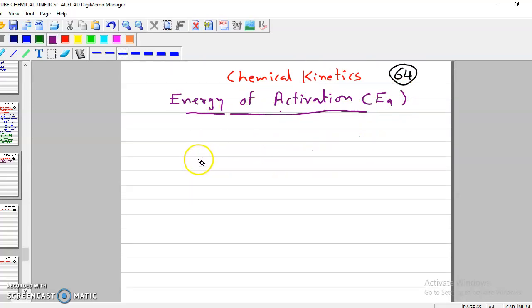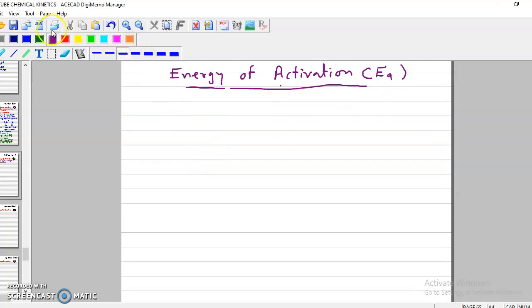For that, let us take one reaction, A2 plus B2 gives 2AB. Suppose this is the reaction.